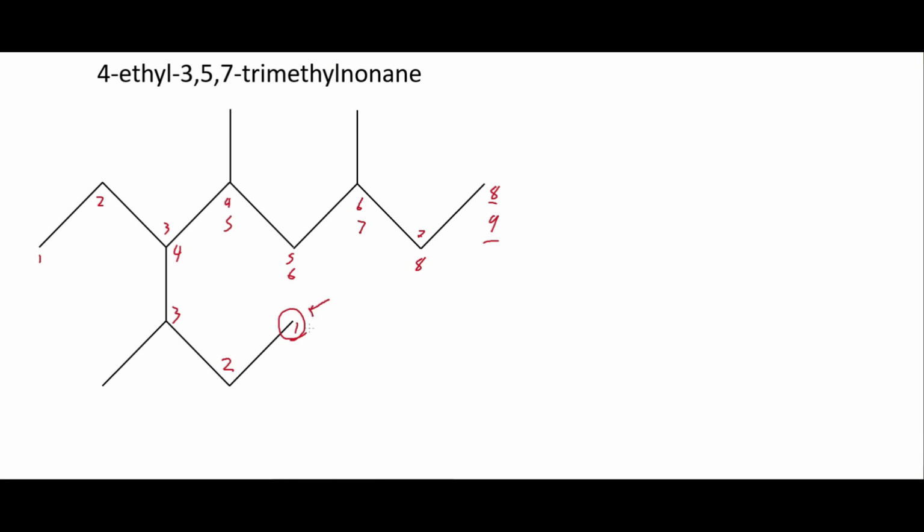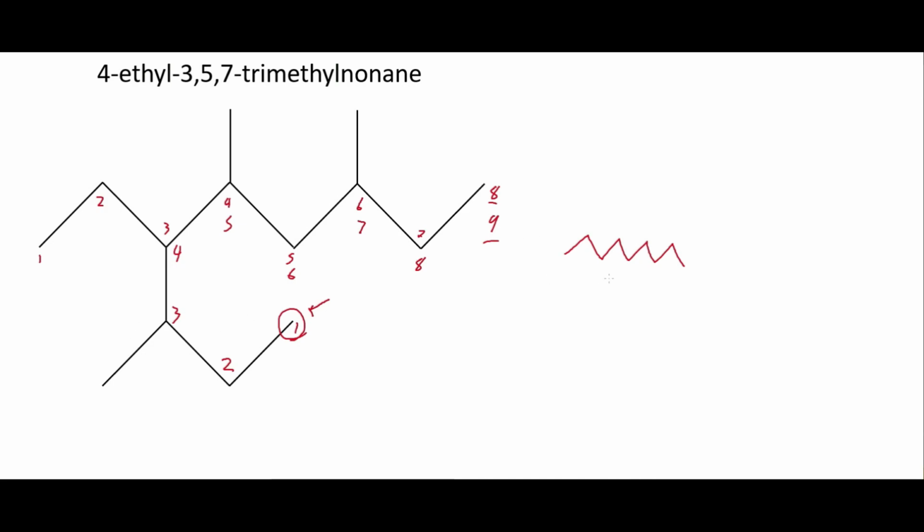So it's drawn this way. You could straighten it out. So if in your head you want to twist around some of these bonds so that you end up with the nice 1, 2, 3, 4, 5, 6, 7, 8, 9, like that, then we would have our substituents.